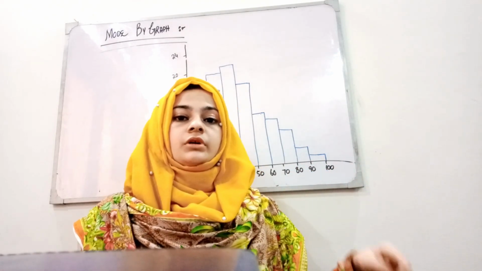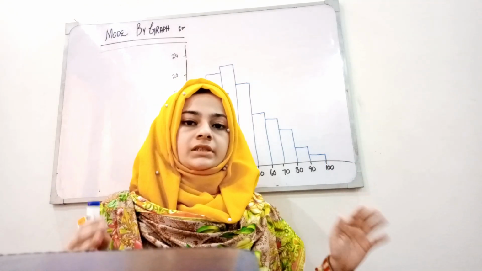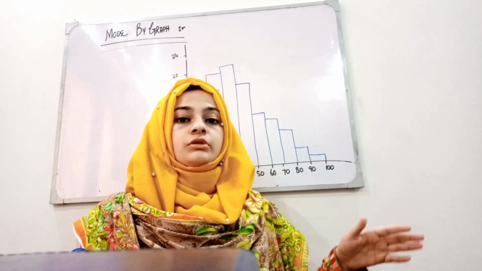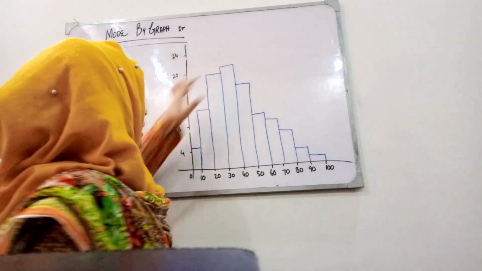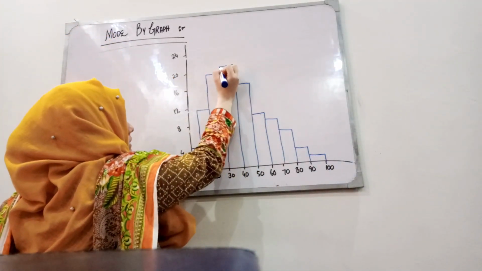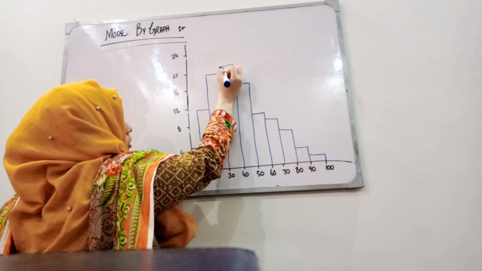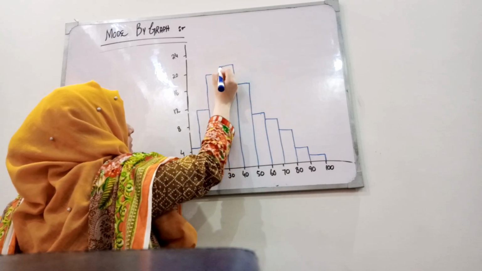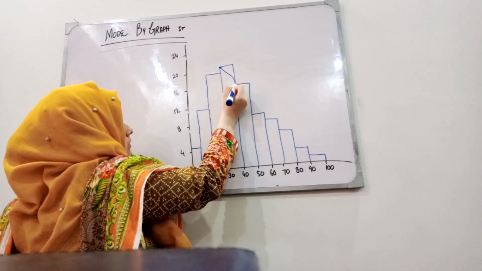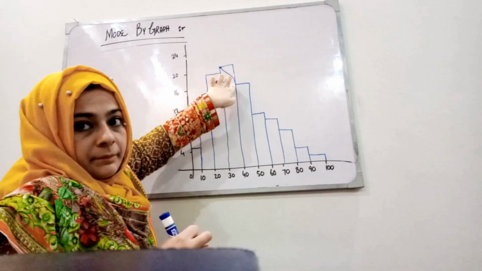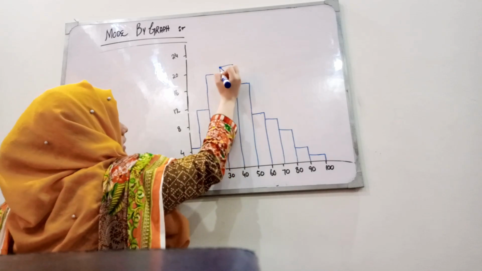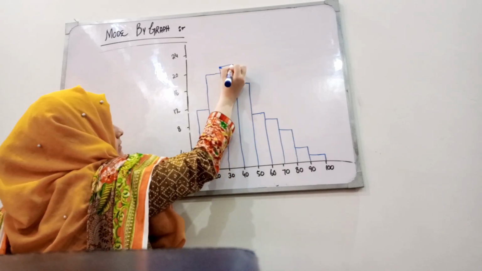First, you need to construct a histogram. After constructing a histogram, you need to locate the mode by joining the right upper corner with the left corner of the preceding class, just like that.